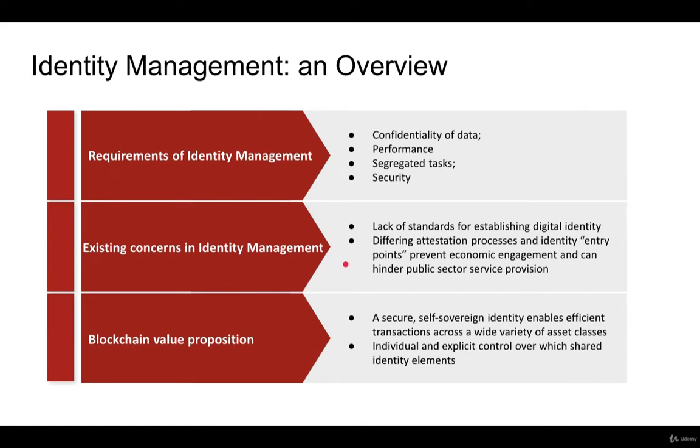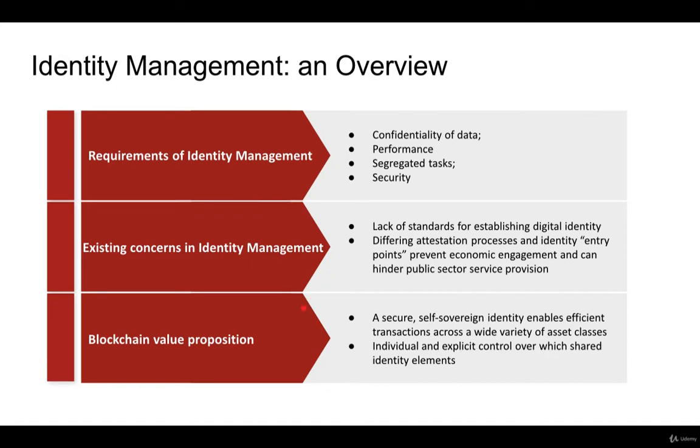Also, there are differing attestation processes for identity, like entry points, which prevent economic engagement and can hinder public sector service provision. Whenever different subsidies or welfare activities have to be carried out, because the entry points are different for attestation, economic engagement can slow down and the information is not available at the click of a button. So the way the data is managed and attested is differing as of now.